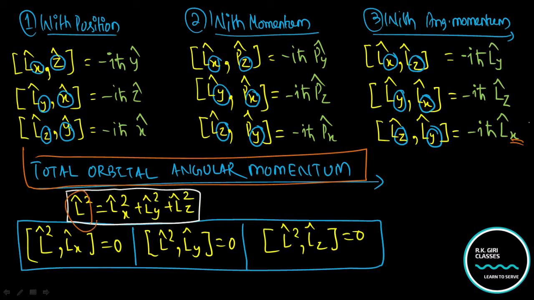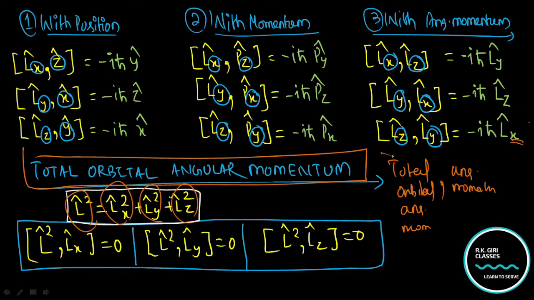Now if your question is total angular momentum, you have to remember one thing. If this is L square, then the individual ones will be Lx square, Ly square, Lz square, the angular momentum in the individual three axes. And you have to remember that the total orbital angular momentum always commutes with your angular momentum, that is your Lx, Ly or Lz.